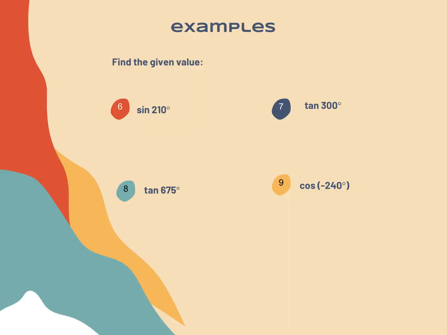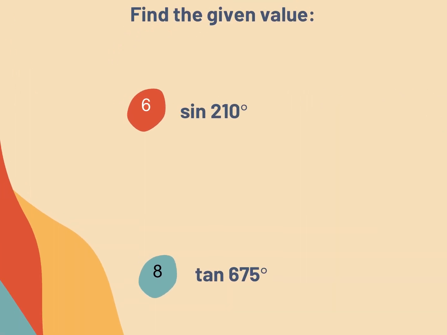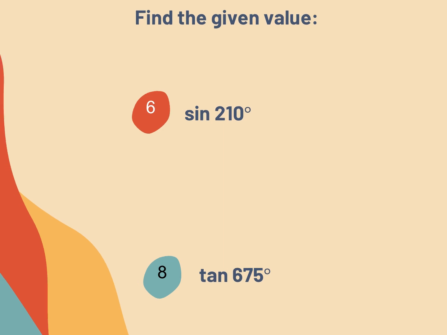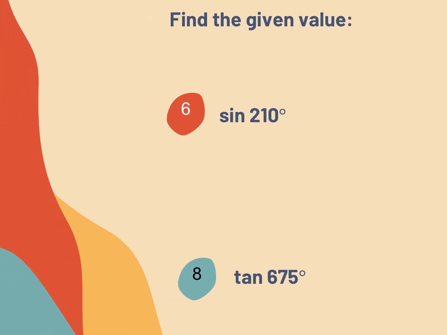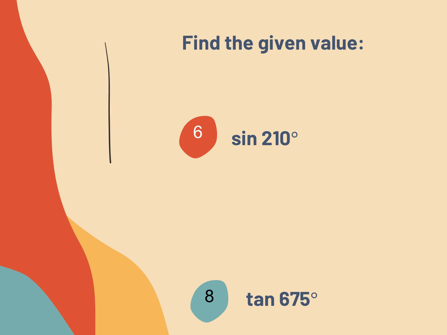So it wants me to find the sine of 210 degrees. So I'm going to go ahead and I could either do it by finding my reference angle, or I'm also going to graph it. Now, one other thing to keep in mind is that we have our ordered pairs. So this is quadrant 1. And remember, the ordered pairs in quadrant 1 are positive, positive.